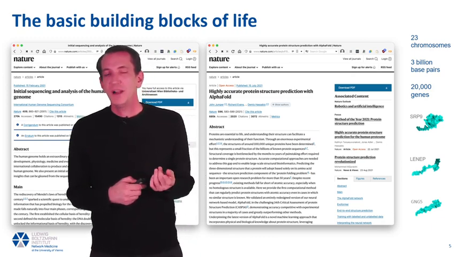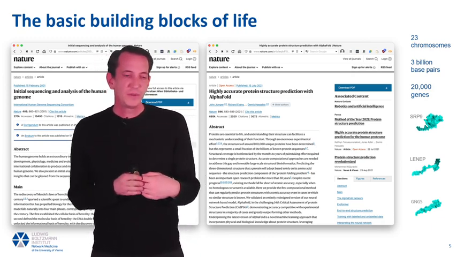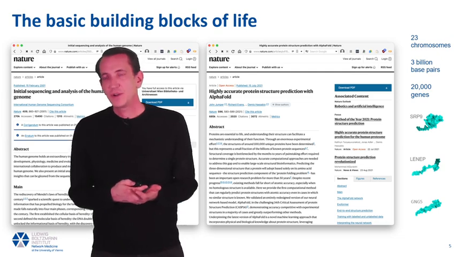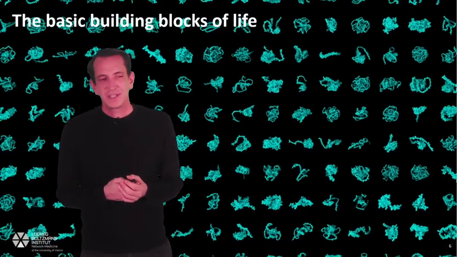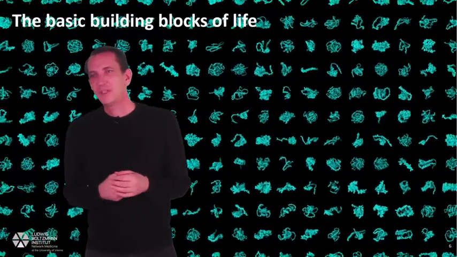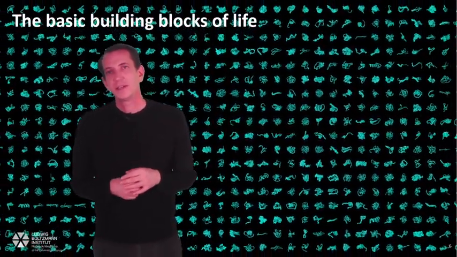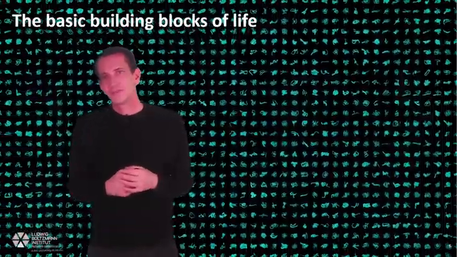This was AlphaFold, which allows us to predict very accurately from the genome sequence the actual 3-dimensional structure of these molecules. The collection of the 20,000 proteins that we consist of essentially looks like this.